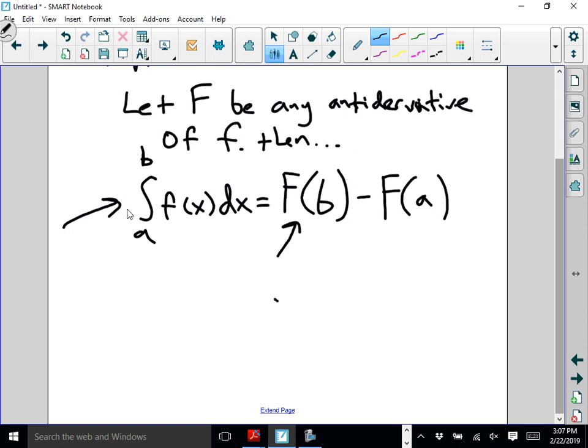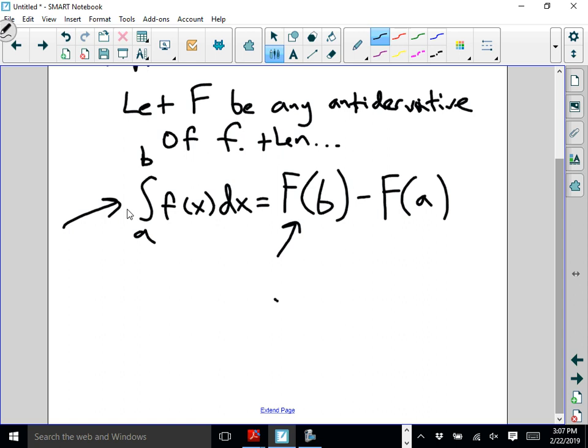Oftentimes they write questions that want you to solve for capital F of b, or the equivalent. So I want you to solve this equation for capital F of b, meaning I want capital F of b alone. That's easy.